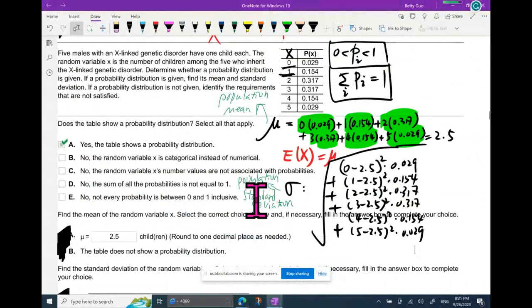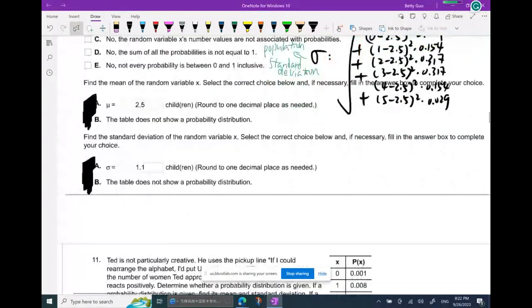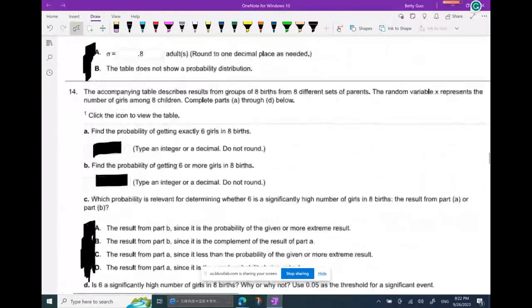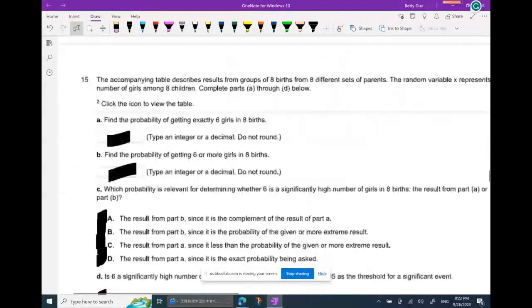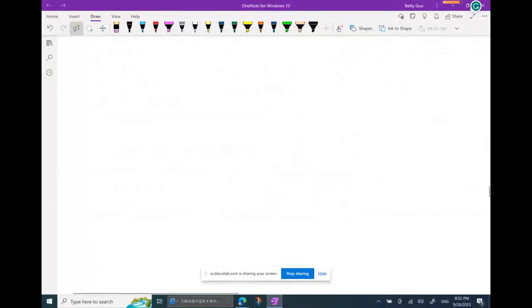It's just when we have too many things in a virtual classroom, sometimes when we switch between the modes, it just crashes.